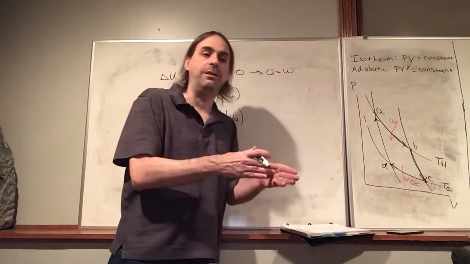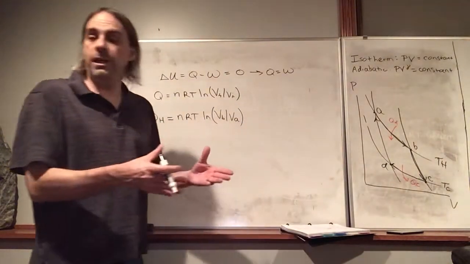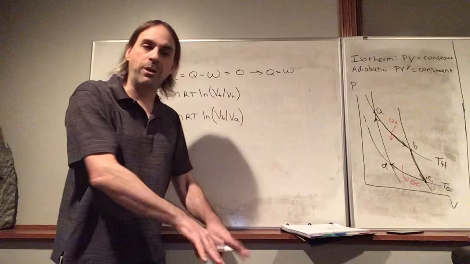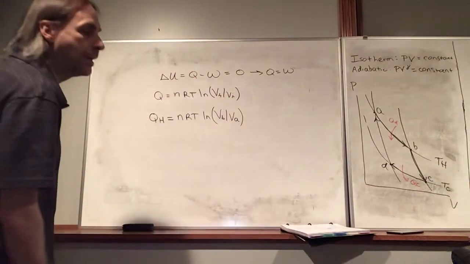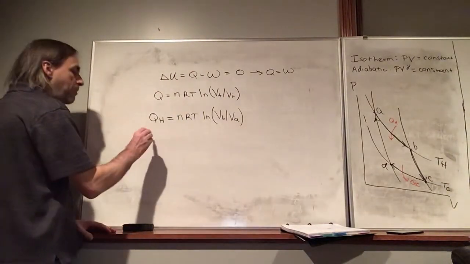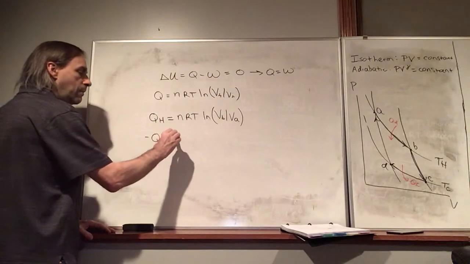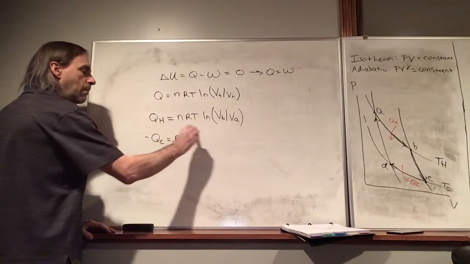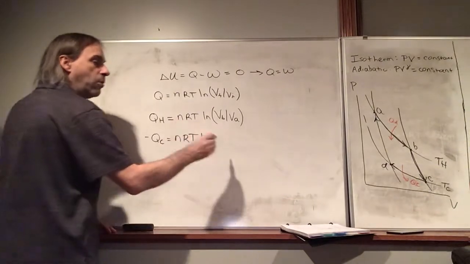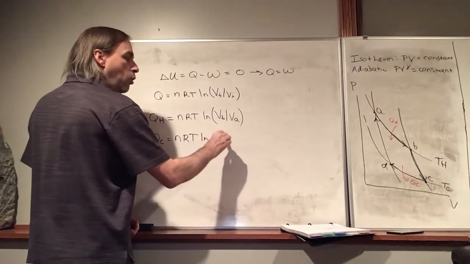We're compressing the gas, and it's isothermal, so heat has to be going into a cold reservoir to keep it from heating up. And so we have to put a minus sign in front, and then we have the natural log of Vd over Vc.